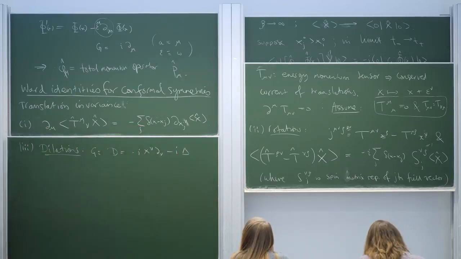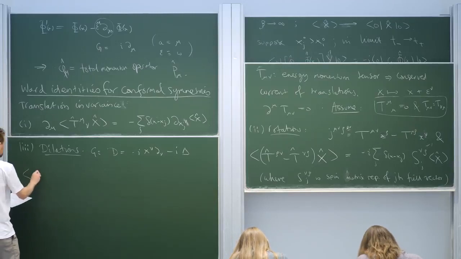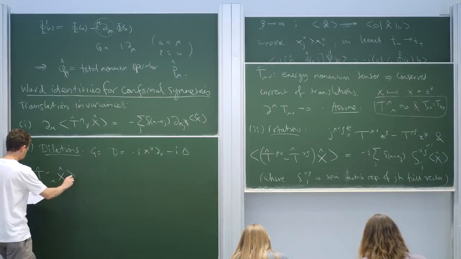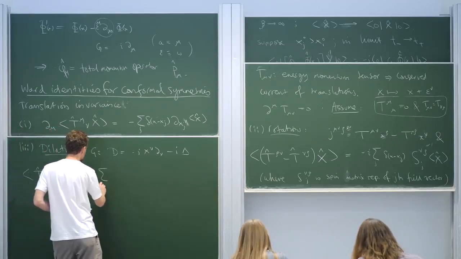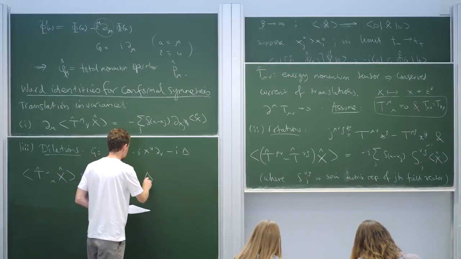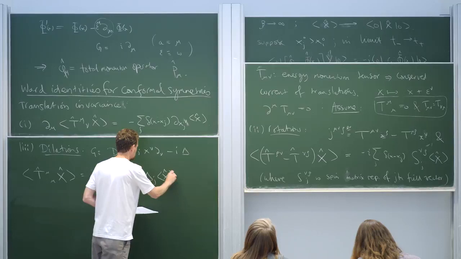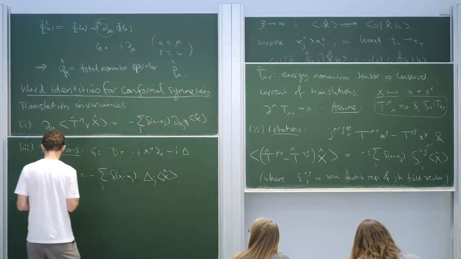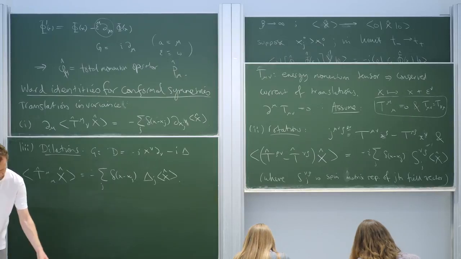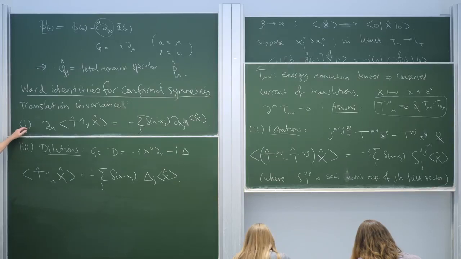We worked that out a couple of lectures ago. And the Ward identity for dilations has this particular form here.